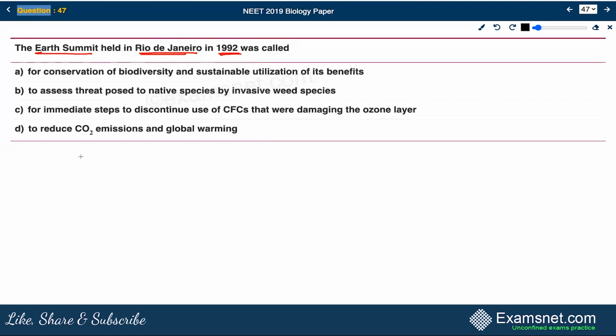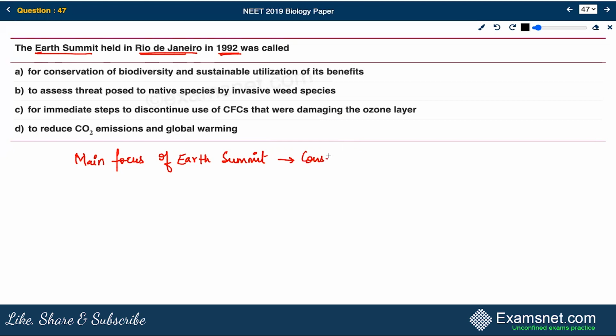So the main focus of the Earth Summit was to keep a check on the sustainable utilization of the resources, and also to conserve those resources.